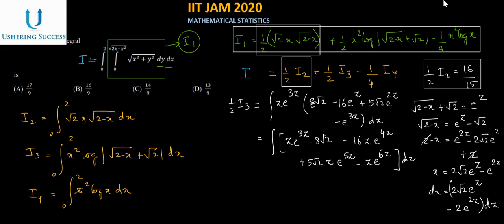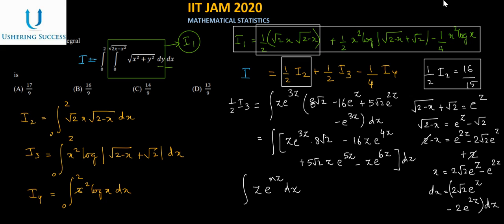So here we are getting four terms which are of the form z e to the power nz dz, and we have to integrate these four terms in this way.